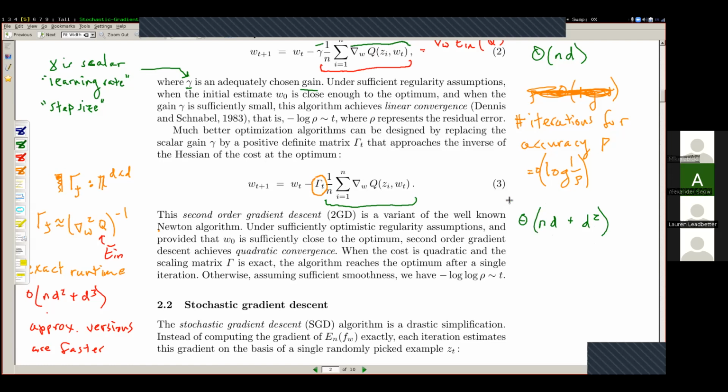This runtime doesn't take into consideration the runtime of computing gamma t.